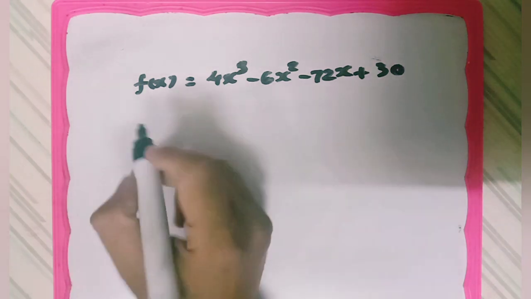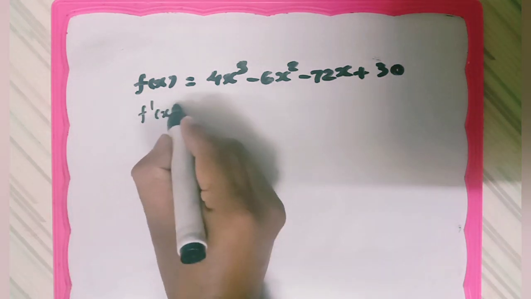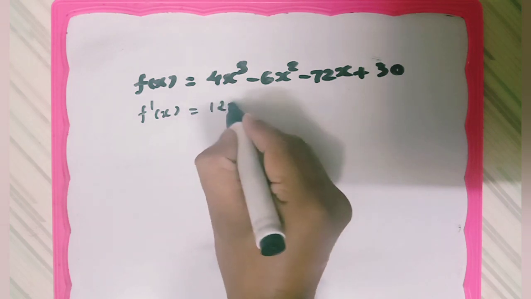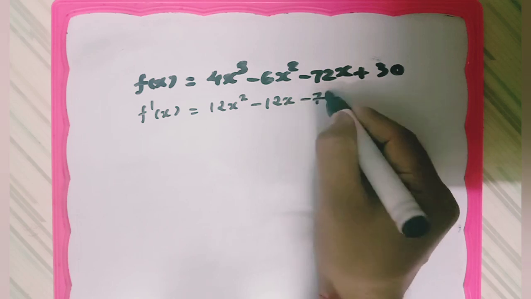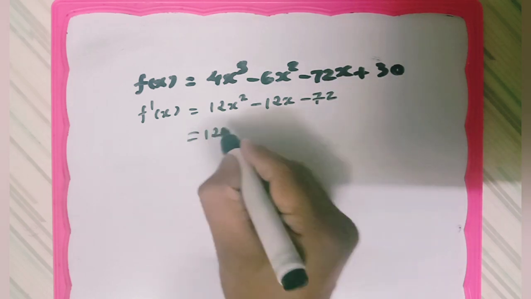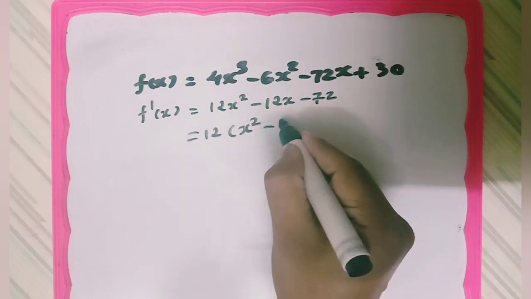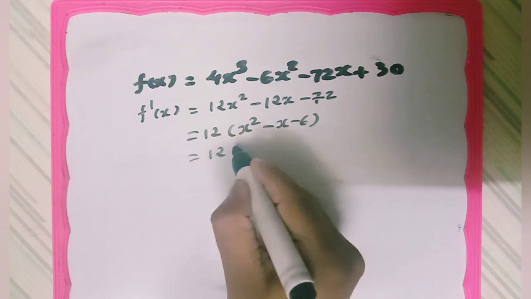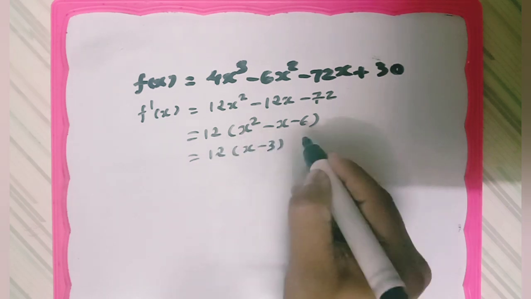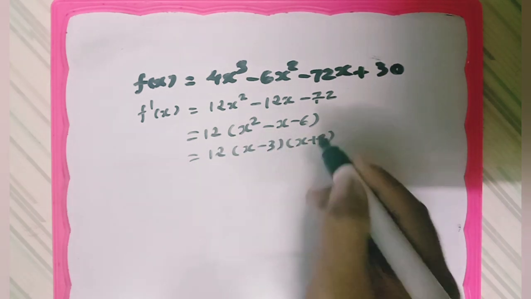So we differentiate with respect to x, then f dash x equals 12x square minus 12x minus 72. So we take 12 out common, then x square minus x minus 6. And so we have the factors 12 (x minus 3)(x plus 2).